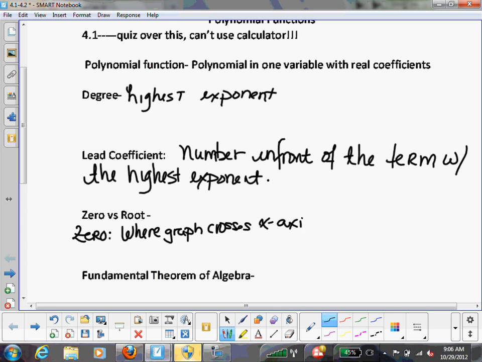What's another word for that? It's the x-intercept.